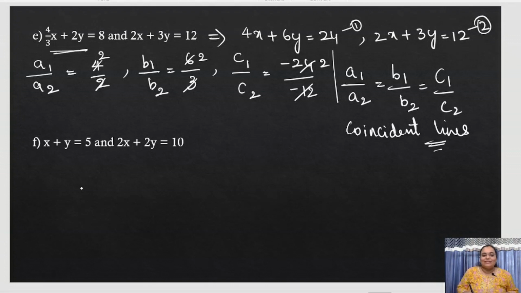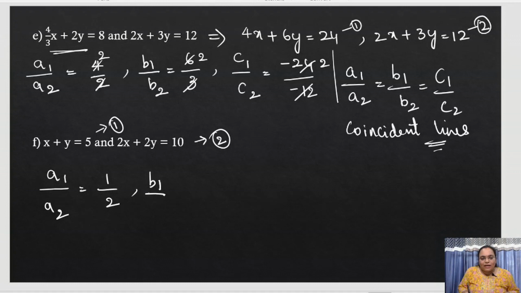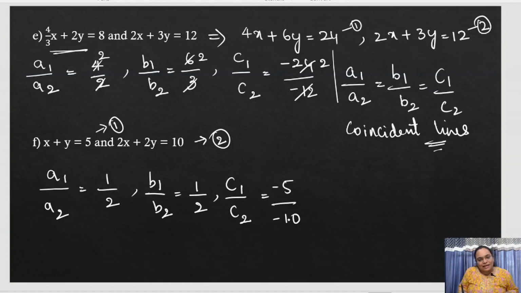Okay, now let us do the next bit. So from here, let us take this as equation 1 and let us take this as equation 2. Okay. So a1 by a2 is equal to 1 by 2. b1 by b2 is equal to 1 by 2. And c1 by c2 is equal to minus 5 by minus 10, which is again 1 by 2.